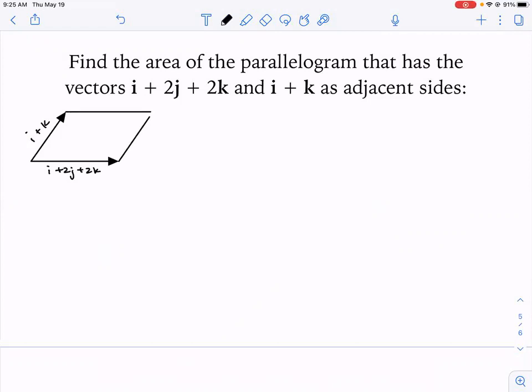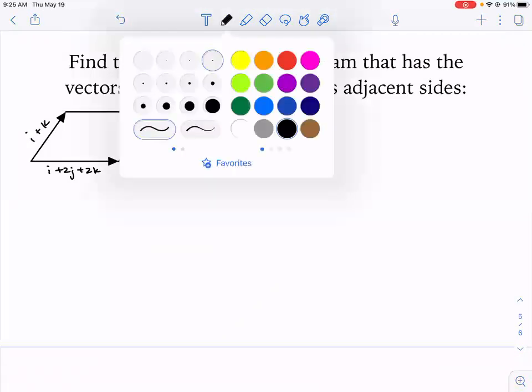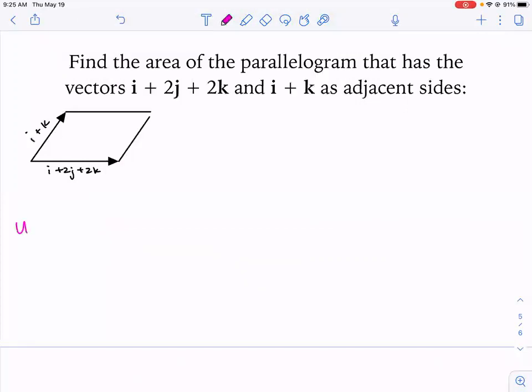Okay. We're going to first find U cross V. Okay. So we have I, J, K, 1, 2, 2, 1, 0, 1. My vector I plus K does not have a J, and so we got to put a 0 there.